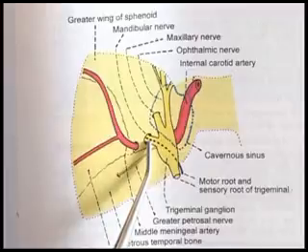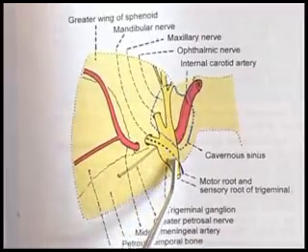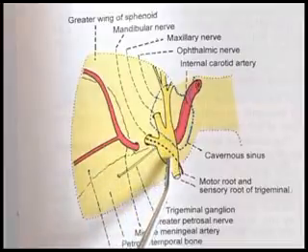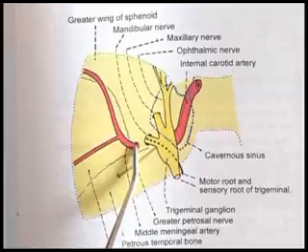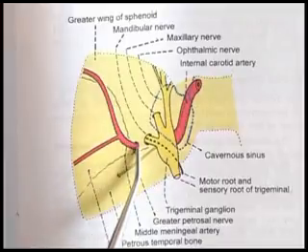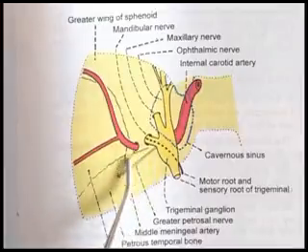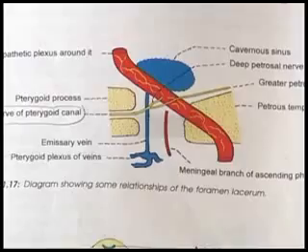The deep motor root is seen on the deeper aspect, and still posterolateral to it is the foramen spinosum, which gives entry to the important middle meningeal artery. On the anterior surface is the fissure for the greater petrosal nerve.